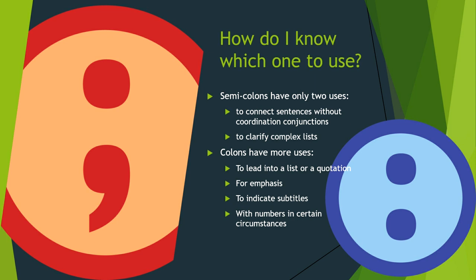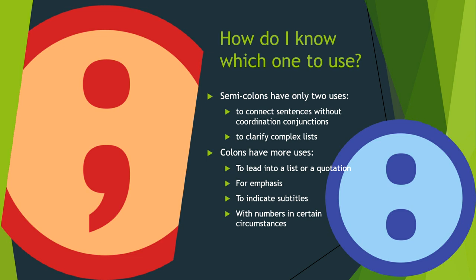They're also often used for emphasis, and I'll show you how that happens. So you want to emphasize some meaning within the sentence, and I'll show you that in a second. And also to indicate subtitles. So if you have a main title and a subtitle, you have one there as well.